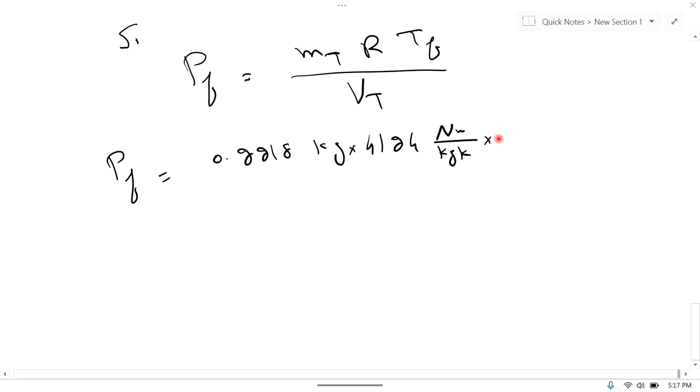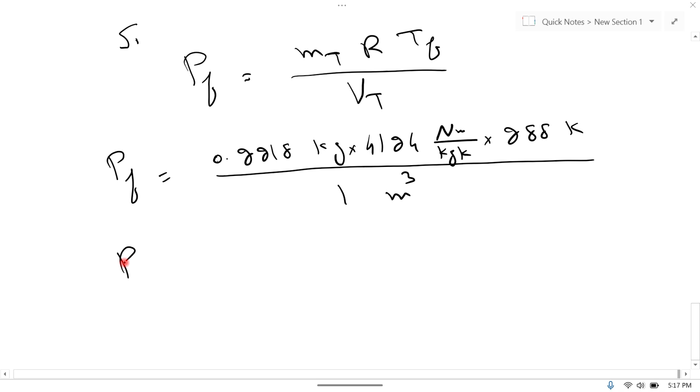And the final temperature is 15 degrees centigrade, which is equal to 288 Kelvin. And total volume is 1 cubic meter. So final pressure will be, multiply these three values and divide by 1. So this will be equal to 263,434.